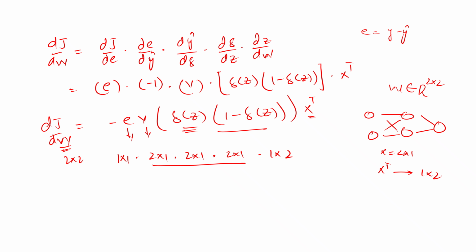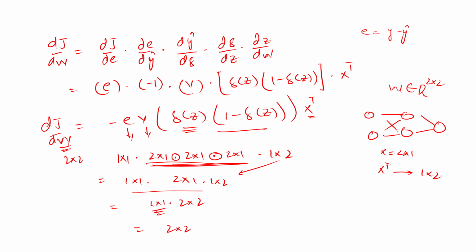In this case we use a special multiplication, element-wise multiplication, which I will explain. So e is 1 cross 1, and with element-wise multiplication the whole product becomes 2 cross 1, and then times this 1 cross 2. So as a whole it becomes 1 cross 1 multiplied by 2 cross 2. Since this is a scalar, we obtain a 2 cross 2 result, which matches the left-hand side.